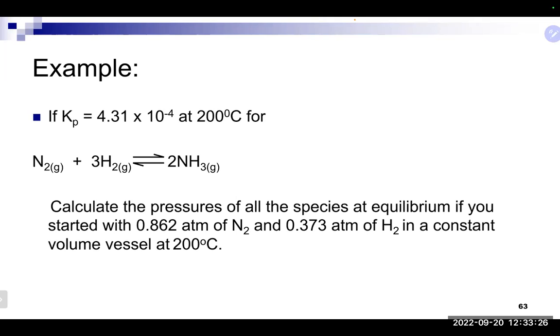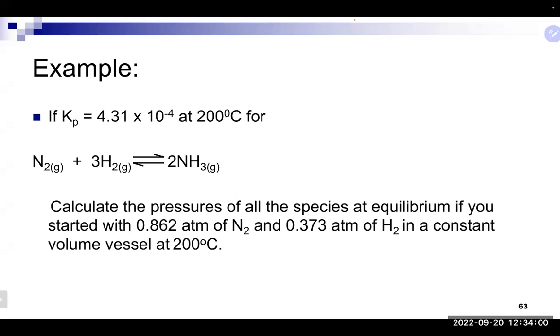We'll go over it. Okay, let's take a look here and see how we're progressing. So again, if you have a KP value and you have some pressures, it really doesn't matter. It works the same way as concentrations. The one key thing you have to watch out for is the units of the pressures. Even in a problem where they give you the pressure in, say, torr, and they want the answer in torr, you cannot just leave it in torr.